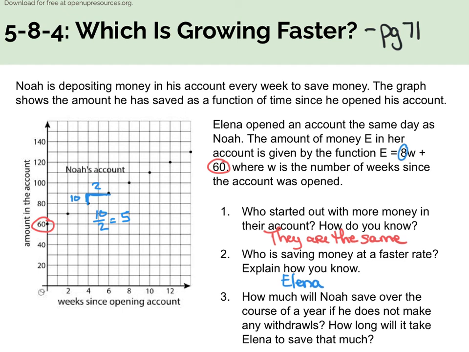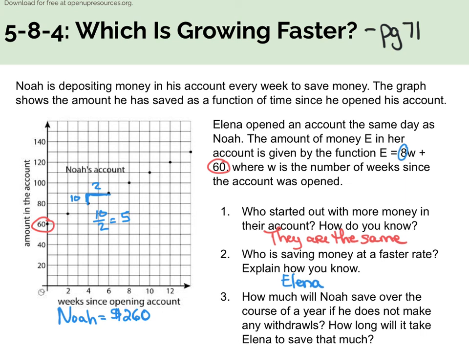And then how much will Noah save over the course of 1 year? Let's think about it. There are 52 weeks in 1 year, right? So I'm going to write it off to the side. Noah is going to save $260 over the amount of a year.